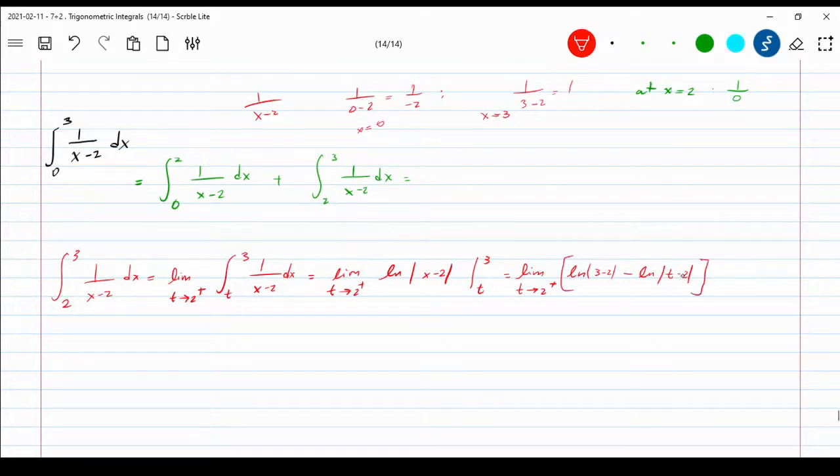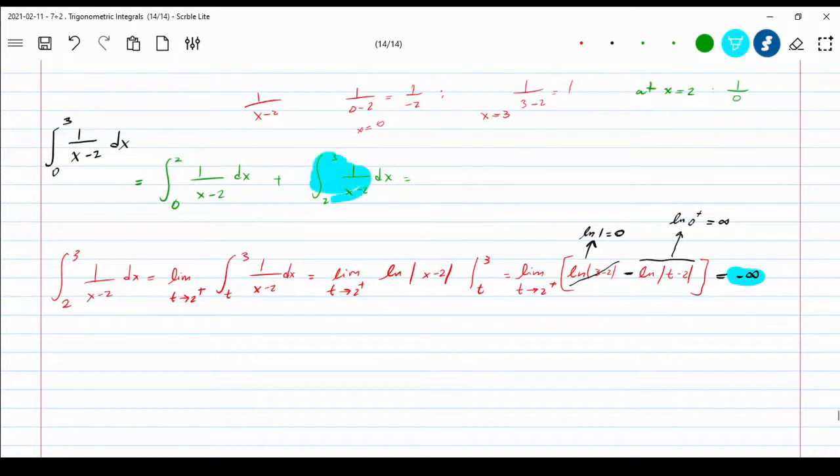Ln of 3 minus 2 is ln 1, which is 0, so this term is 0. Then if you replace t with 2 from the right-hand side, you get ln 0 from the right side, which is negative infinity. With the minus in between, this results in positive infinity. That tells me that I do not need to calculate the other integral. Since this term is infinite, this is divergent. Therefore, the original integral is divergent.